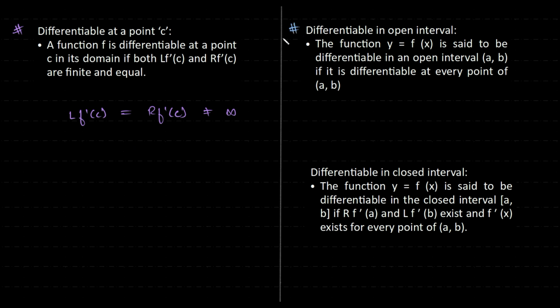Now, if we understand the differentiability at a point C, we will be able to carry this idea over to your open interval and closed interval. So open interval, say this is your graph.